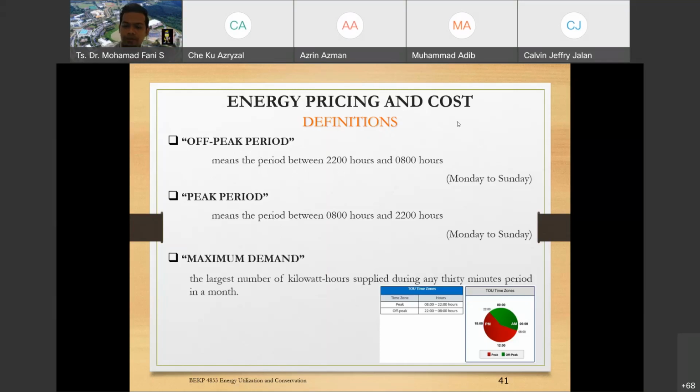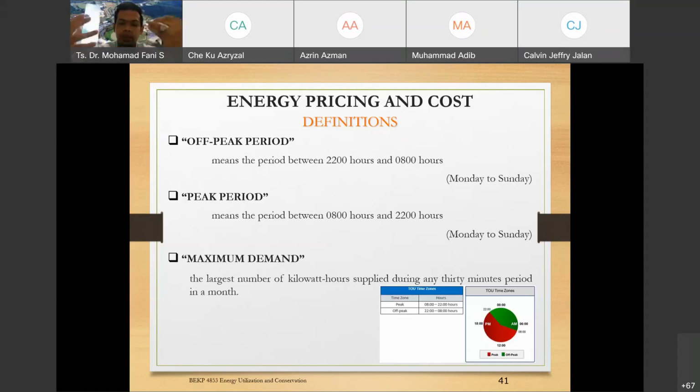Okay, so we have the definition of the peak period from TNB. They consider off-peak period, especially for the tariffs that they offer with different prices for off-peak and peak period. For example, tariff C2 for commercial and E2 for industry.